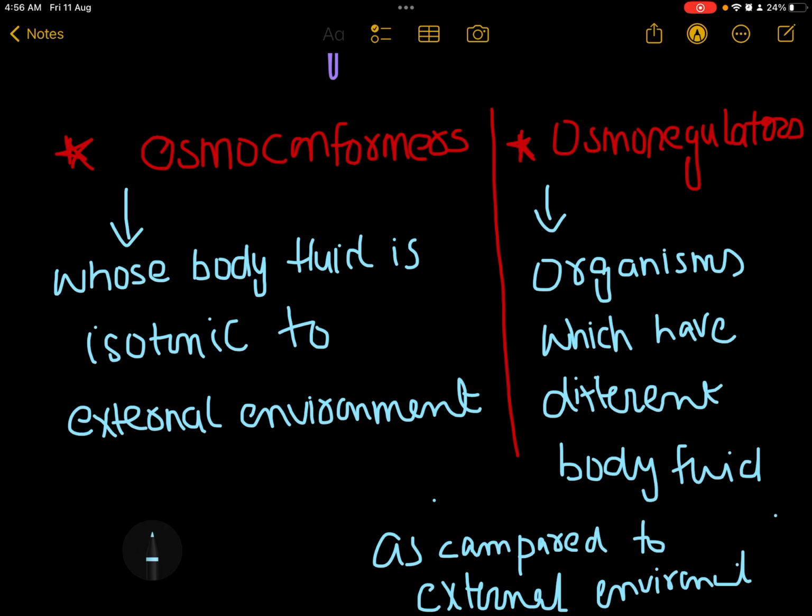So basically osmoconformers are the organisms whose body fluid is isotonic to their external environment, and osmoregulators are the organisms which have different body fluid as compared to the external environment.